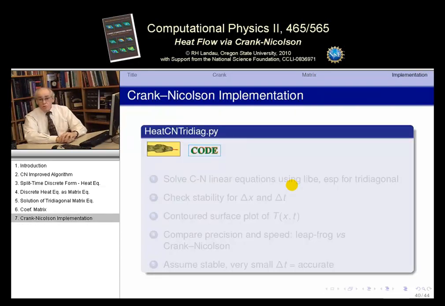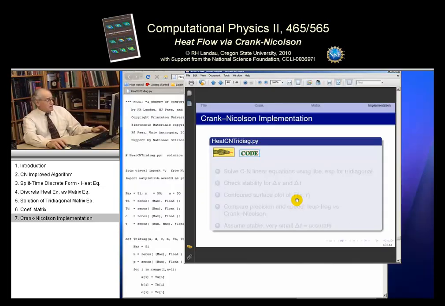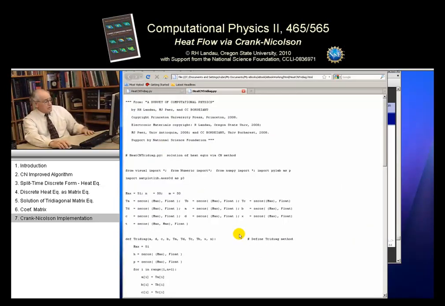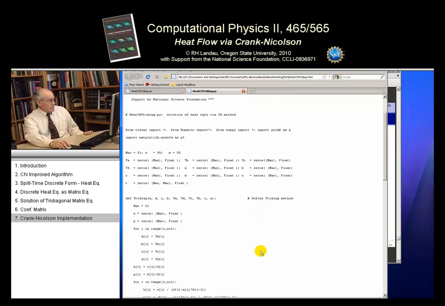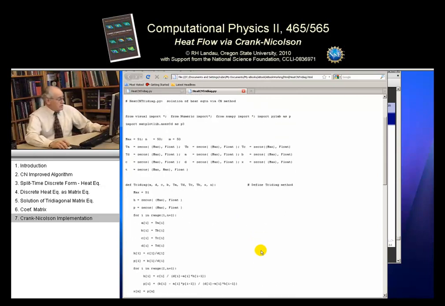So we give you a sample code. Here we'll look at the sample Python code, and it's the same thing as we always talk about. There's a lot of setup, but if you go to the heart of it, what do you see? You see two interesting things. You see here a function being defined, which is the tri-diagonal matrix. So this is our own method.